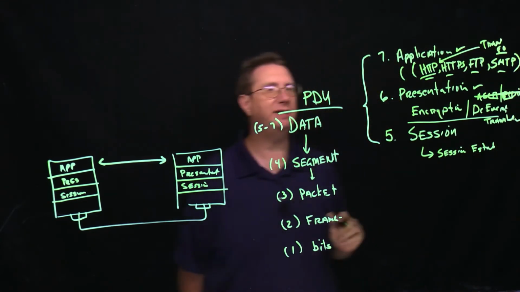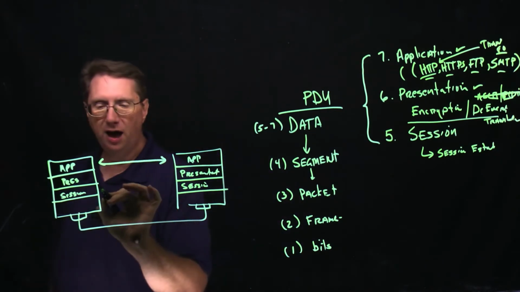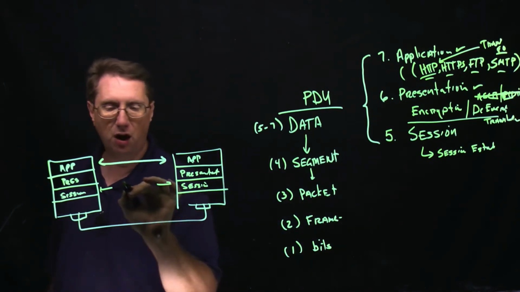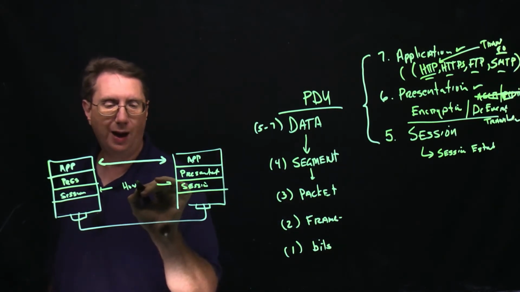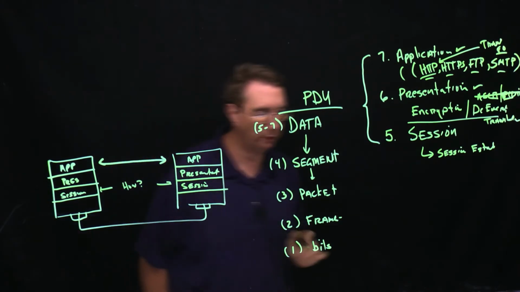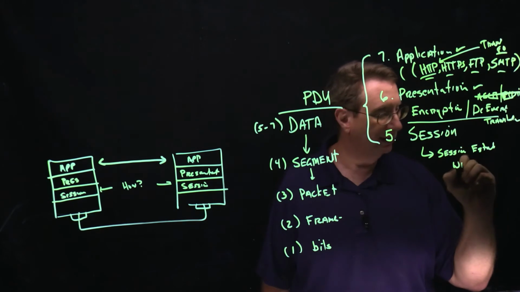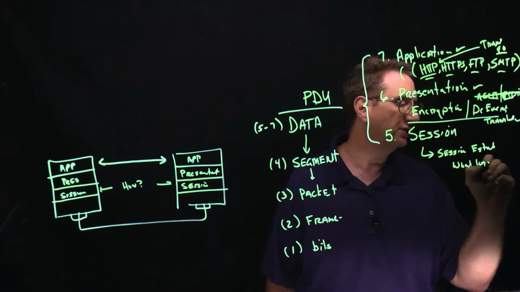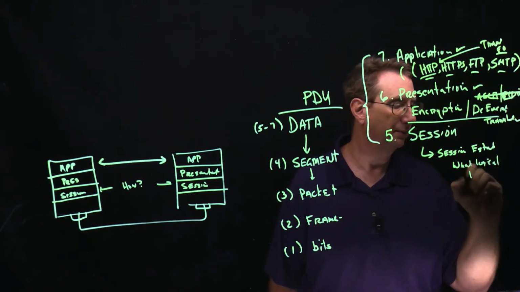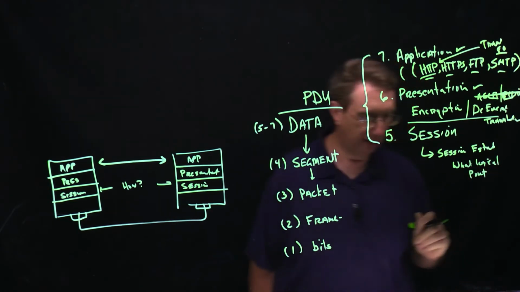So it's going to be a negotiation of how these devices are going to talk to one another. So how are we going to talk to one another? How are we going to communicate? Questions get asked like, what logical ports am I going to use for this communication?